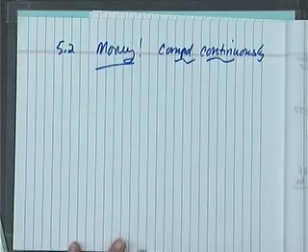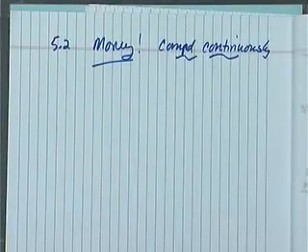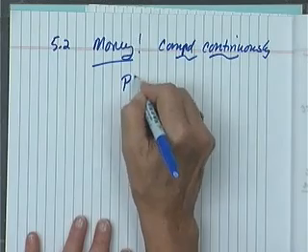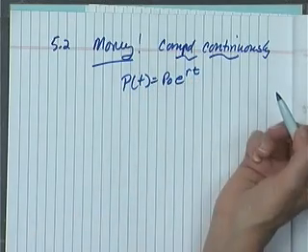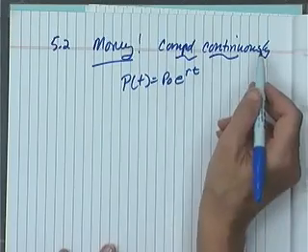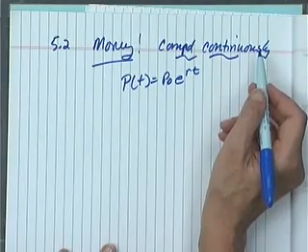If not, it does derive it for you quickly on page 289. It's P of t equals P sub 0 e to the rt. Same deal, money compounding continuously.